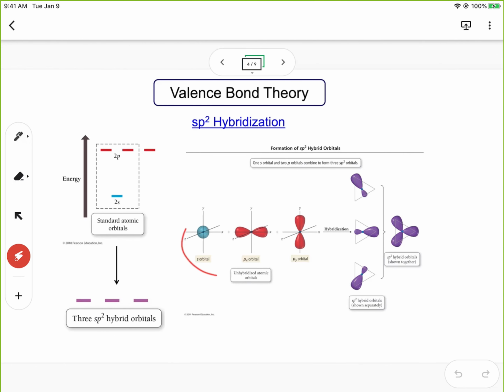This diagram shows you before the hybridization, and this diagram shows you after hybridization. One good example of sp2 hybridization is BF3.